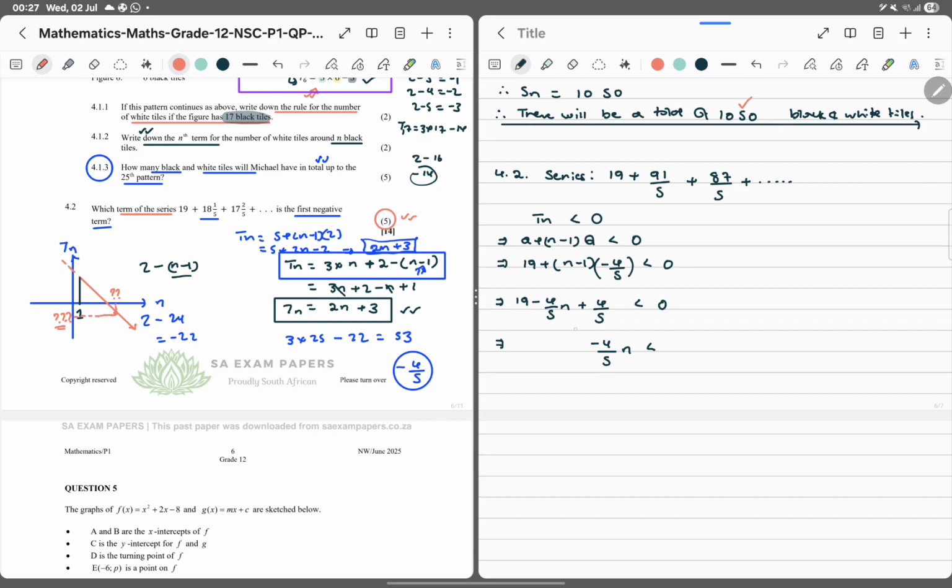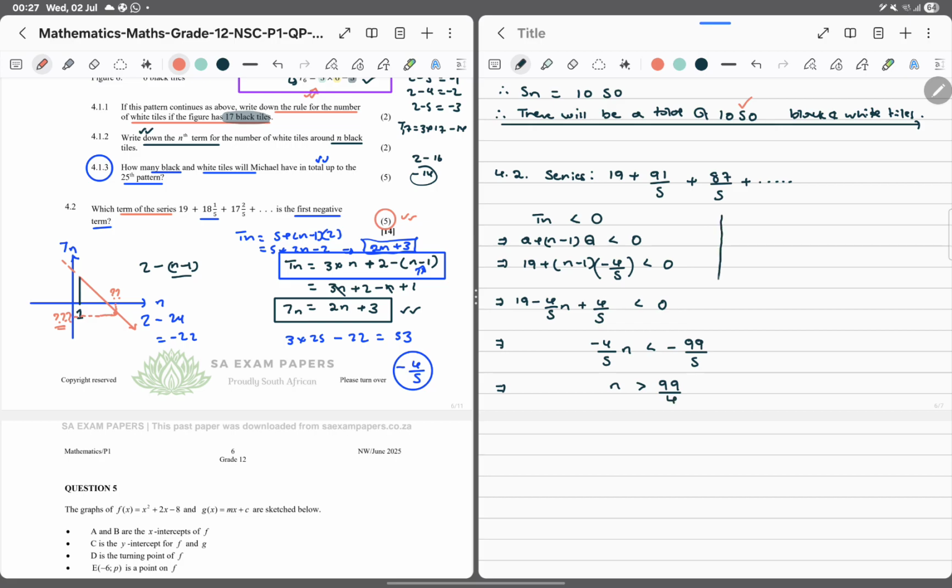Okay, so this is 19 plus 4/5. It gives us 99, so this becomes minus 99/5. So we can say this implies that n this time is going to be greater than, because we're going to divide by negative. So we just simply divide this by 4/5. So I get 99/4.